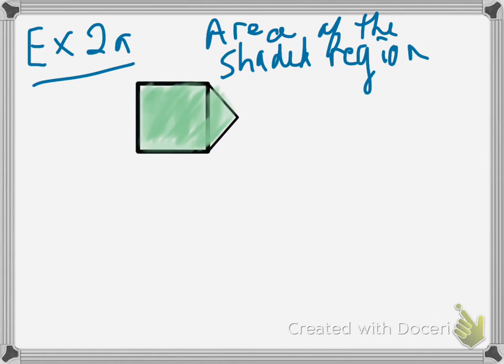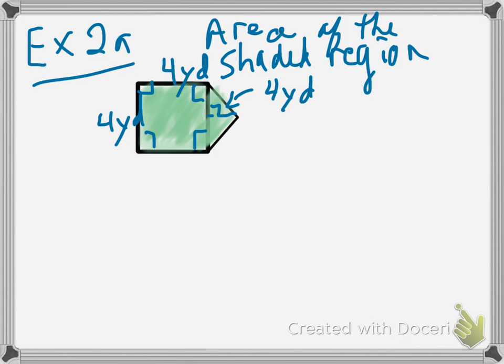Okay, you're given information. So you're given an altitude of 4 and a side length of 4 by 4. Go ahead, find the area, pause the video, hit play when you're ready to watch.